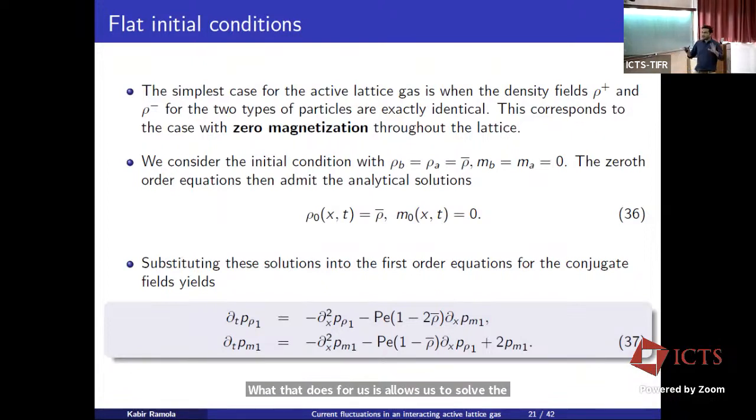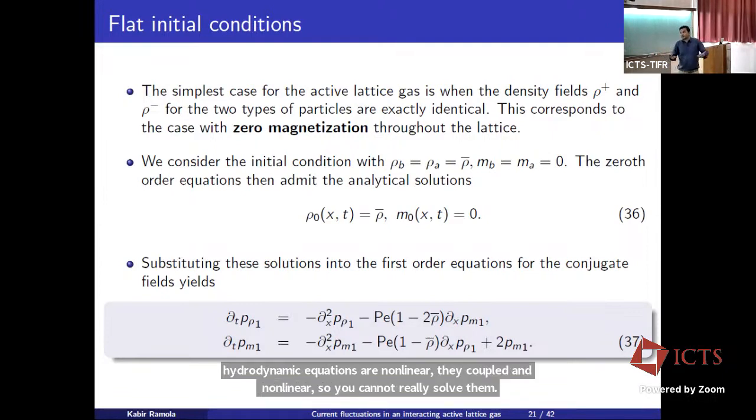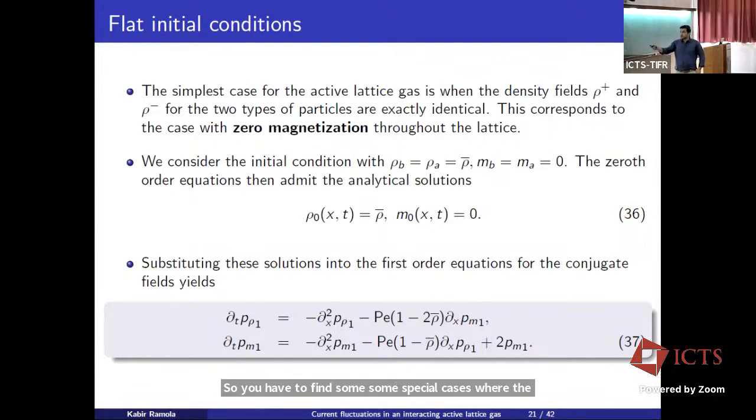We notice that the zeroth order equations themselves are nonlinear. The hydrodynamic equations are coupled and nonlinear, so you cannot really solve them. So you have to find some special cases where the hydrodynamic equations themselves are soluble. Here is a trivial case, which is flat density and zero magnetization. This is basically the solution at all times.